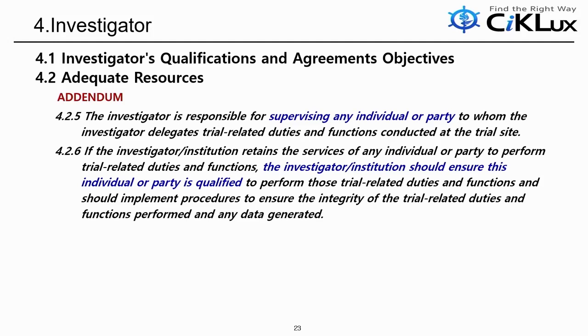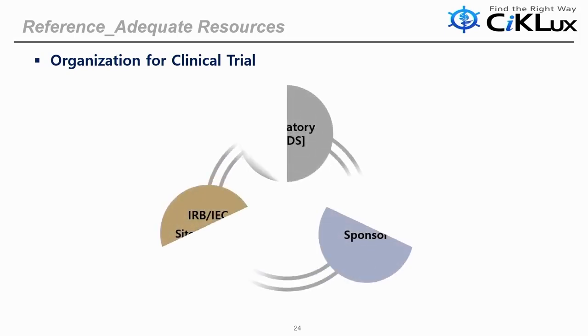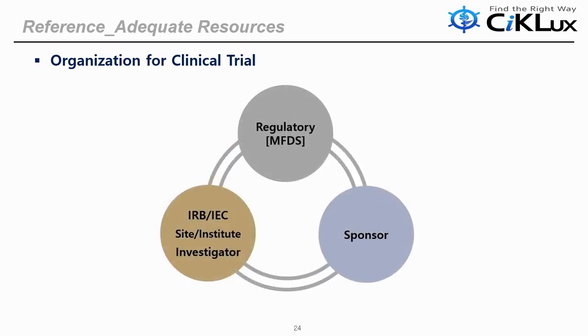And of course, a third party outside of the clinics or hospitals can be hired to serve those duties and functions. For example, a researcher can be hired for a specific clinical trial, or some organizations may be hired for clinical trial related activities, but the ultimate responsibility lies with the investigator.